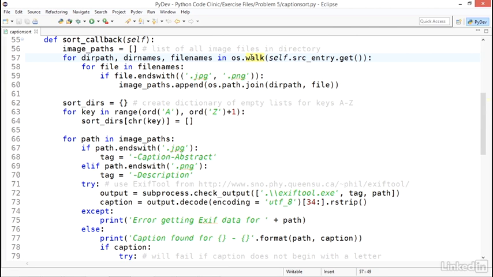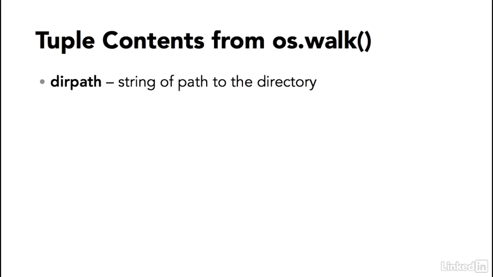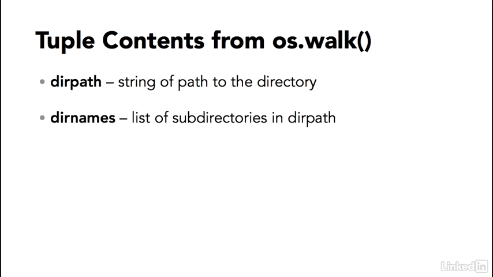For each directory within the specified top directory, the generator will yield a 3-element tuple, which I've split out into these 3 variables using the for loop. The first element in the tuple is a string called dirpath, which is the path to the directory represented by that tuple. The second element, called dirnames, is a list of all subdirectories located in the dirpath directory.